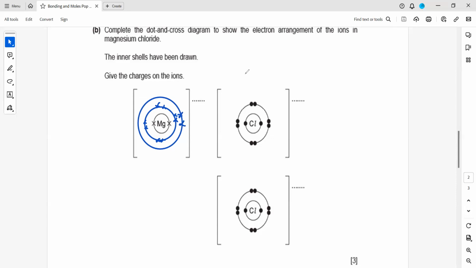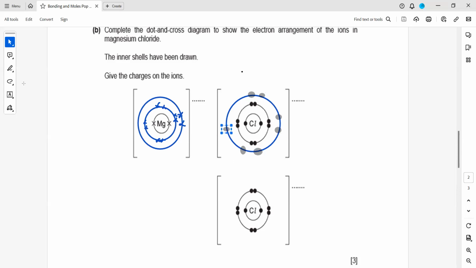And the configuration for chlorine is 2, 8, and 7. So the first shell has 2 electrons, the second shell has 8 electrons, and the third shell has 7 electrons. So 1, 2, 3, 4, 5, 6, 7.